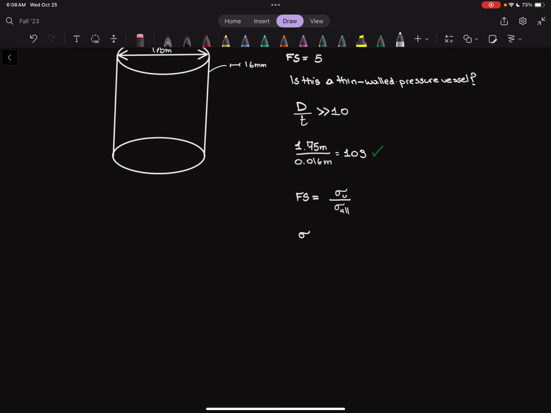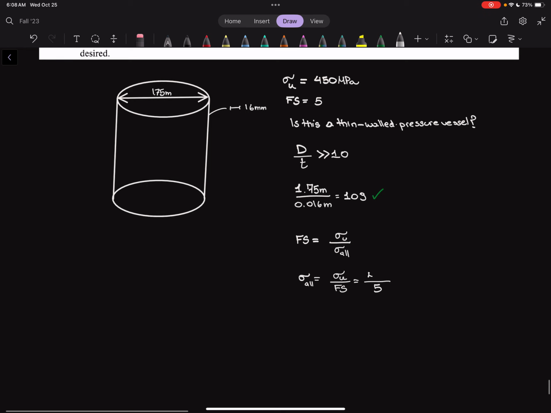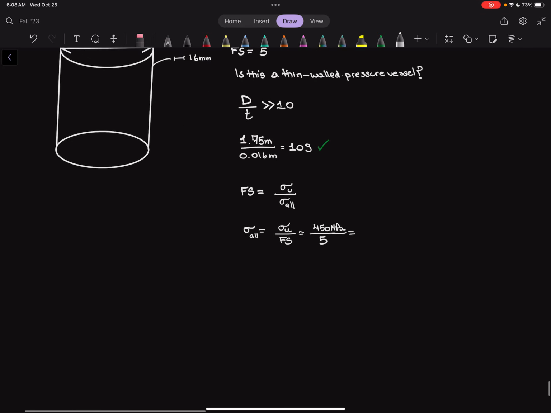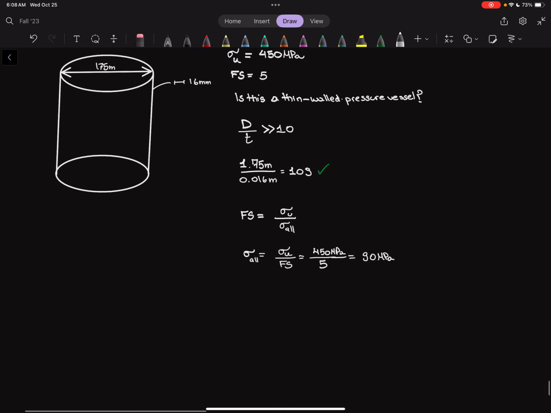So sigma allowable is going to be sigma ultimate over the factor of safety. So we have a 5 at the bottom. Sigma ultimate is 450 megapascals. So now 5 fits into 45 9 times. And so we have that the sigma allowable that we want is 90 megapascals.